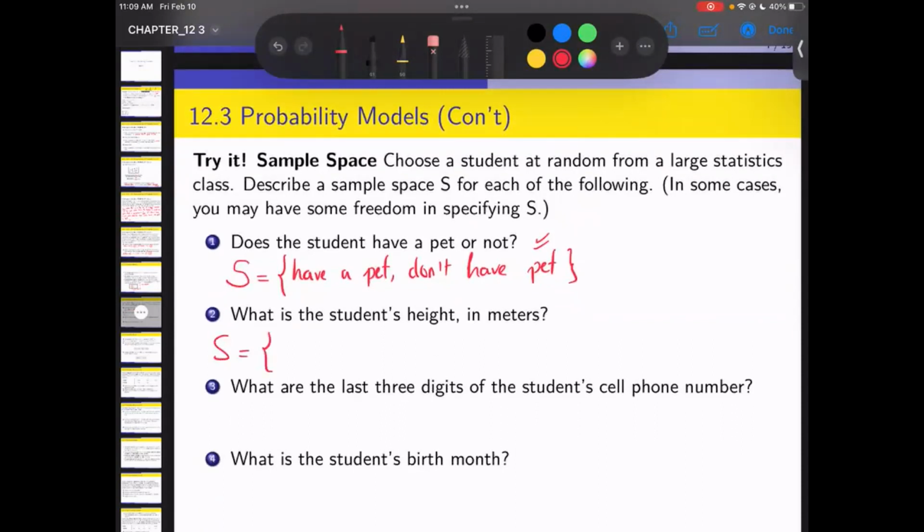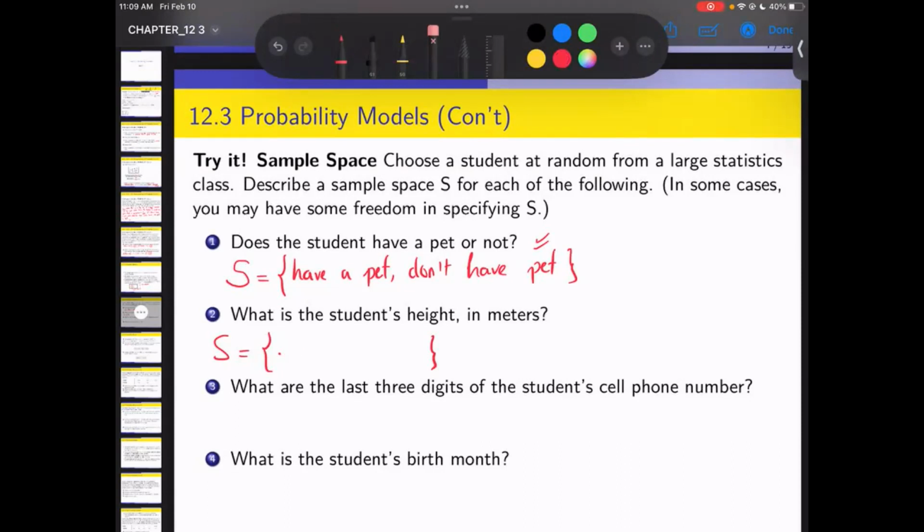What is the student's height in meters? So what are the possible outcomes? Of course, it varies from student to student. As long as you give me something reasonable, I would start at 0, even though when you were born, you were longer than 0 meters, right? So maybe I'll start with 0.5. It depends. You can start at 0.1 if you want. It's not wrong.